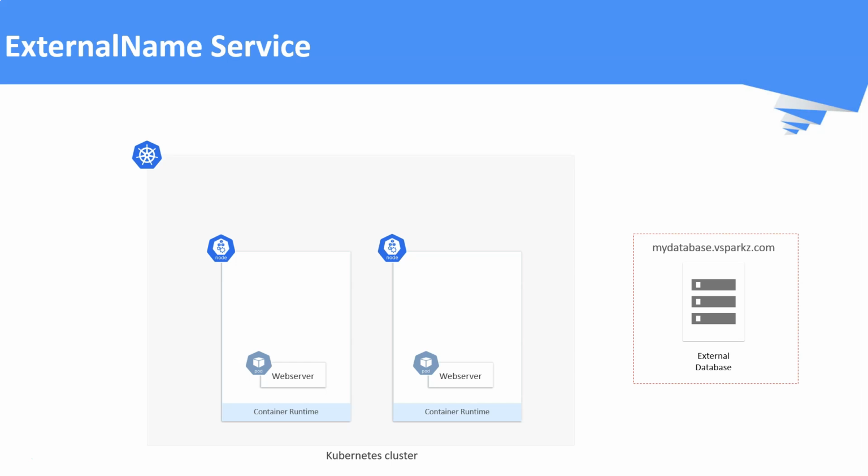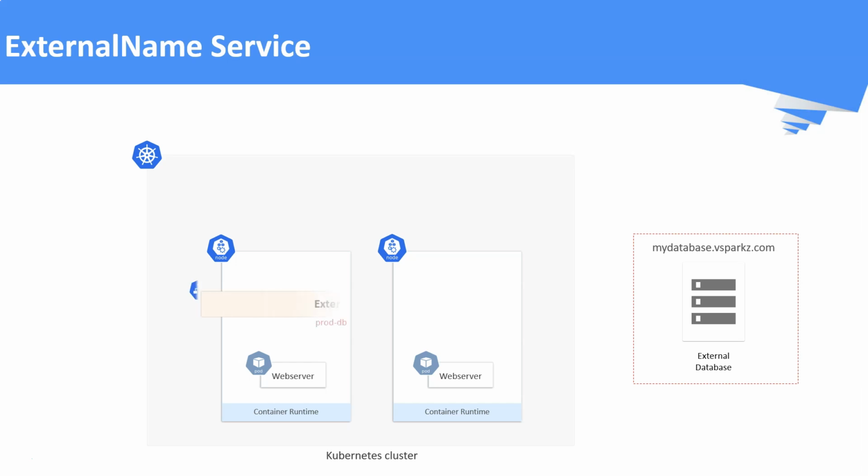An external name service maps the service name to a fully qualified DNS name instead of a selector. This type of DNS record is called a CNAME record, where a name gets pointed to another name. The DNS resolution for these names will be done at the cluster's DNS level.